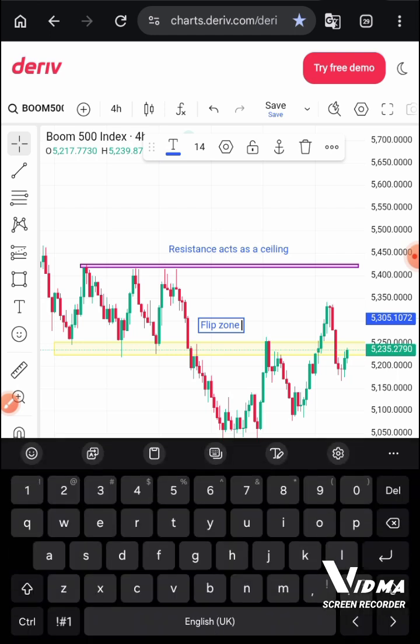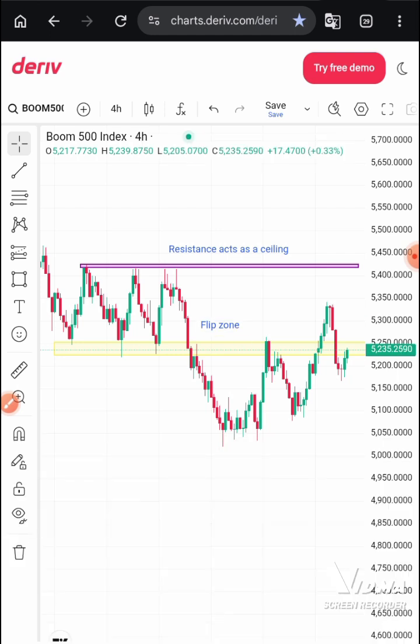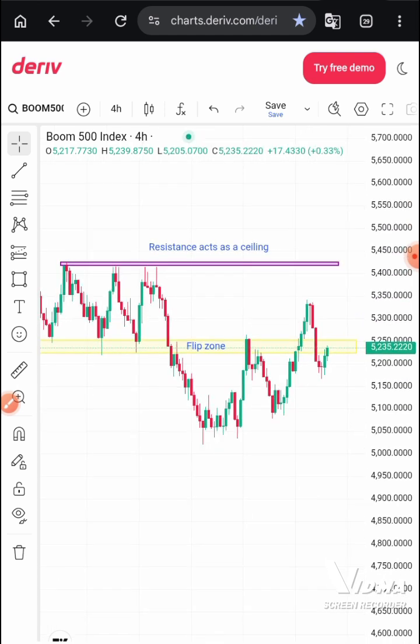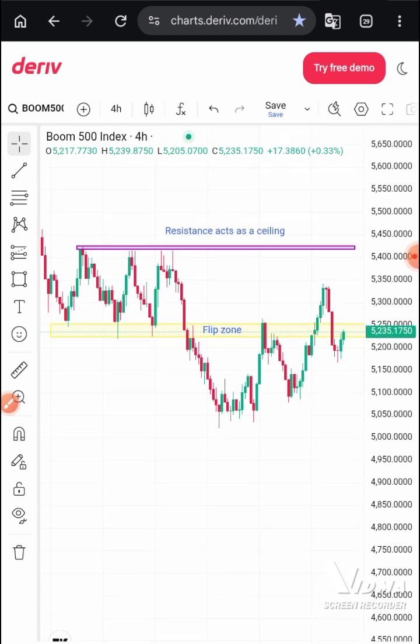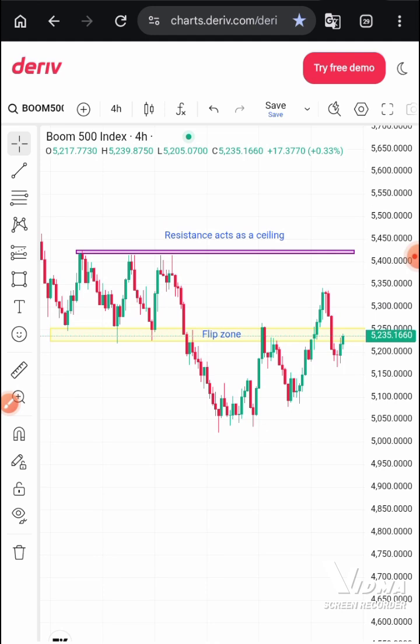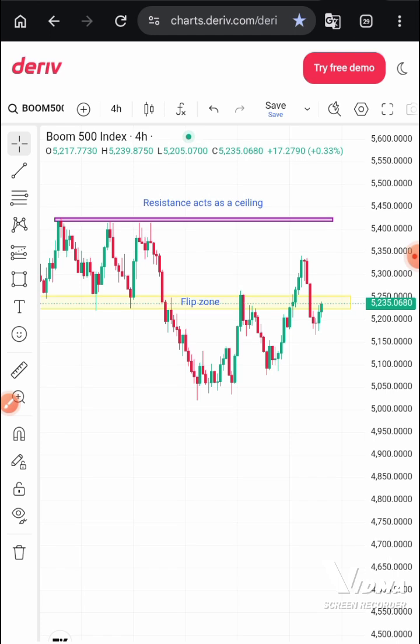Sorry, I've highlighted the wrong place. Okay, so that one is our flip zone. All right, so as we can see here, we now have a flip zone, right? Meaning, what do we have as our support or as our floor?